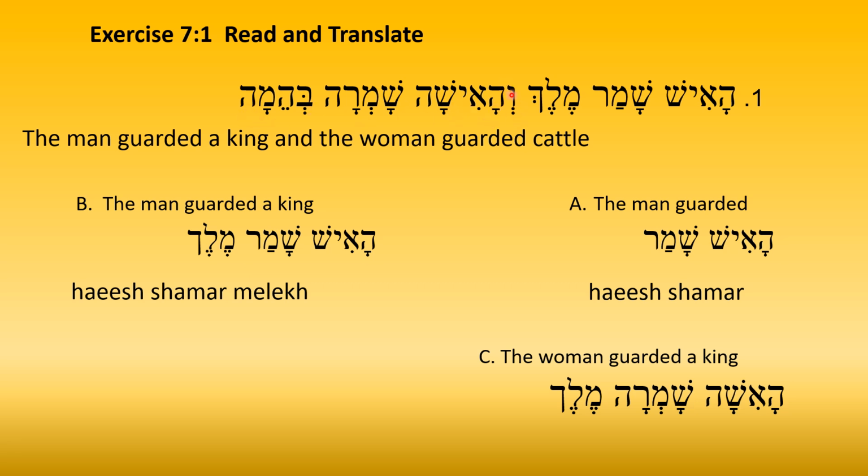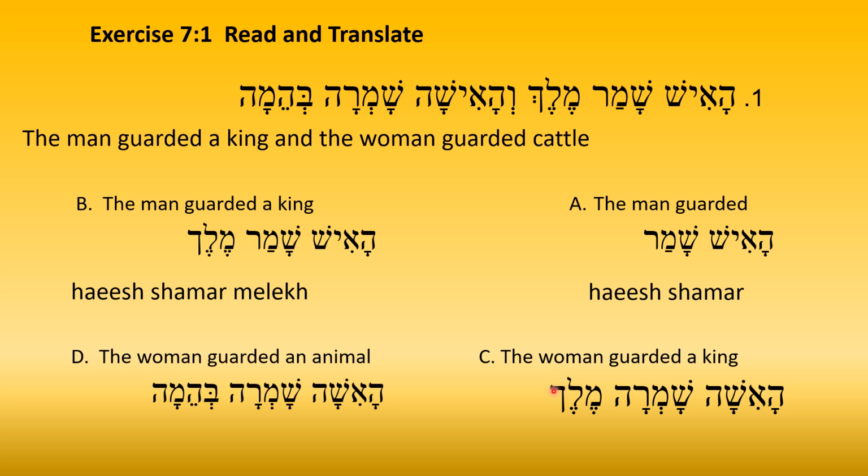Make sure you drop off the vav at the end. Ha'isha shamra melech, the woman guarded a king. Very simple, very easy to do. The woman guarded an animal, word for word: the woman guarded cattle or an animal. Ha'isha shamra behema.